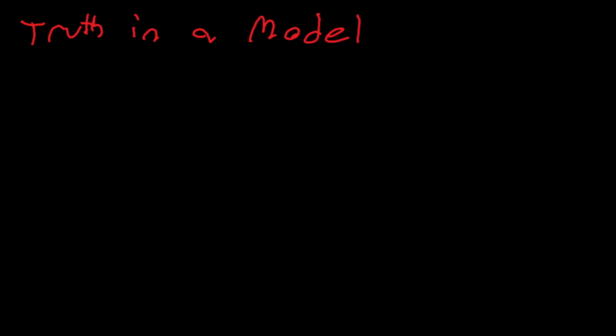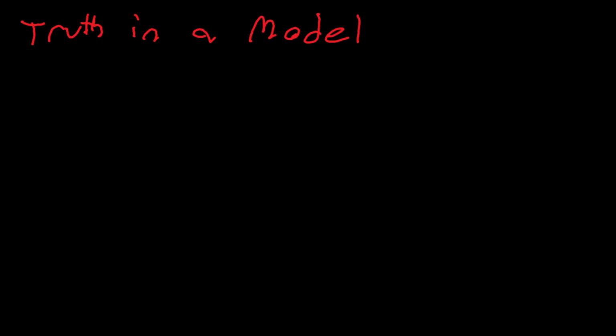Of course, we already know which sentence symbols are true, but a sentence may be, like we said last time, conjunctions or negations of sentence symbols. So let's try to understand what it means for a sentence to be true in a model.